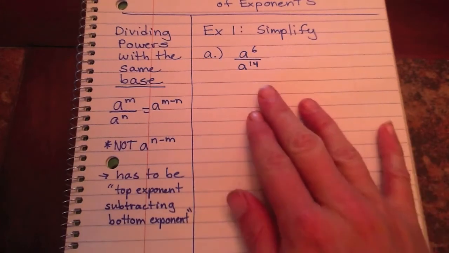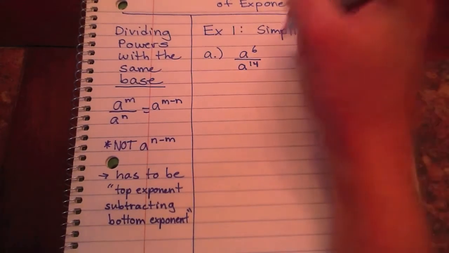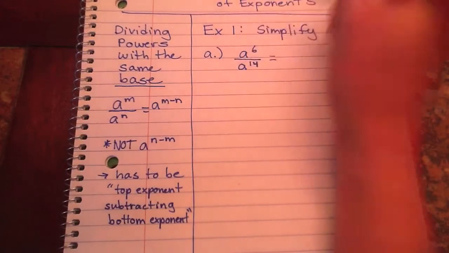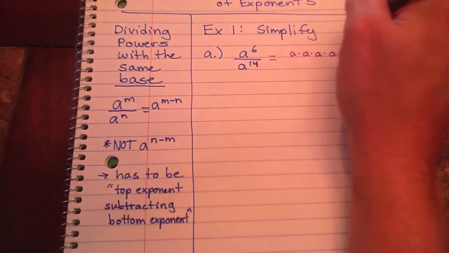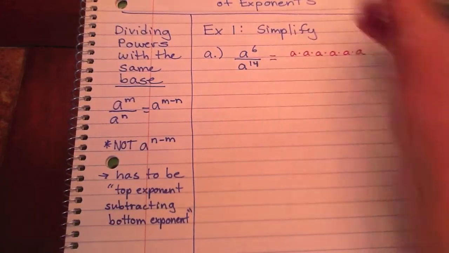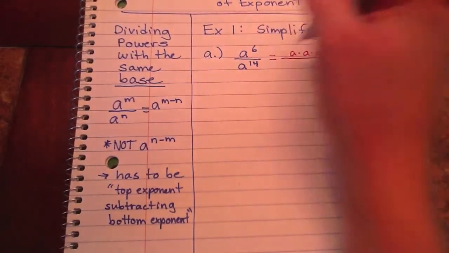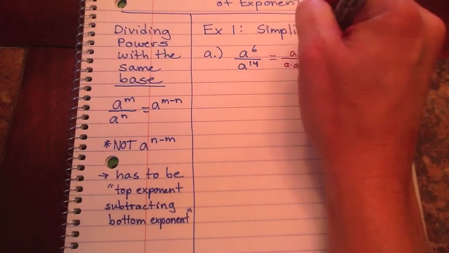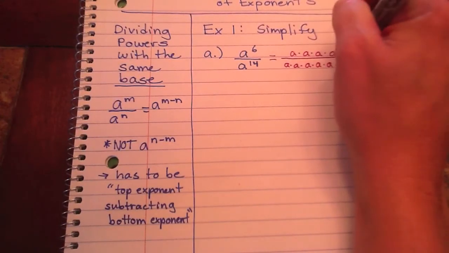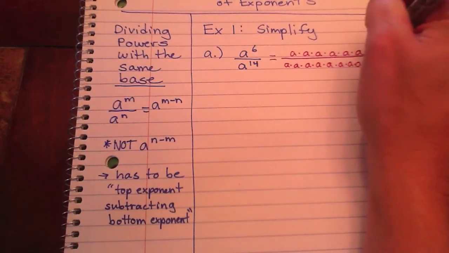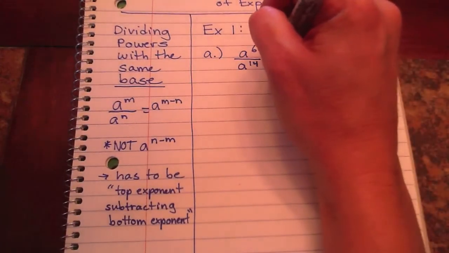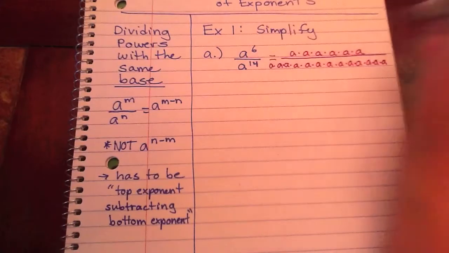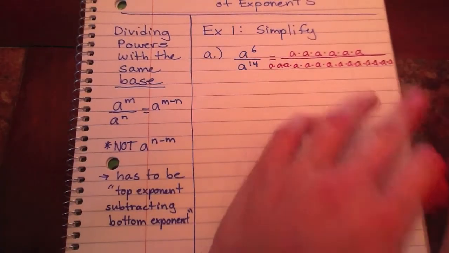I'm going to walk you through this the long way first, just so you see how it works in the end. We have 1, 2, 3, 4, 5, 6 A's. And then we have 1, 2, 3, 4, 5, 6, 7, 8, 9, 10, 11, 12, 13, 14 A's.